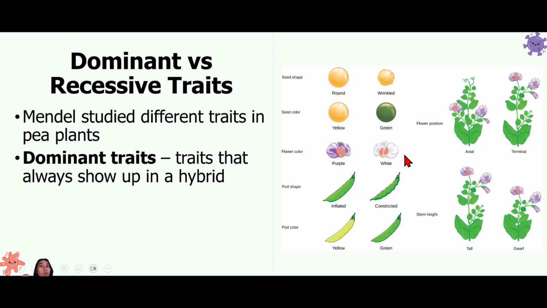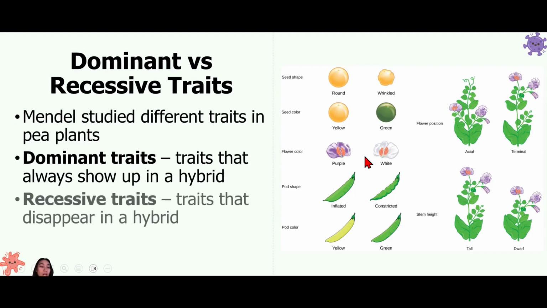When you breed those two together, he often saw that you would only get one of the traits for all of the offspring. In the previous diagram, we saw that purple mixed with white would give us all purple. So he designated purple as the dominant trait because it showed up in the hybrid, the offspring of the two. The other trait would be designated as the recessive because it would disappear.